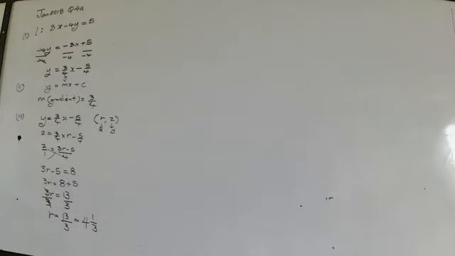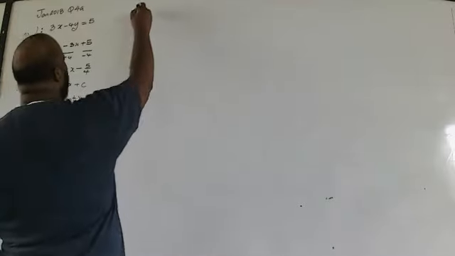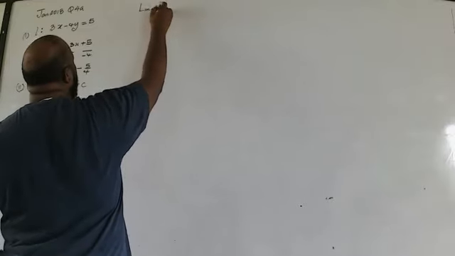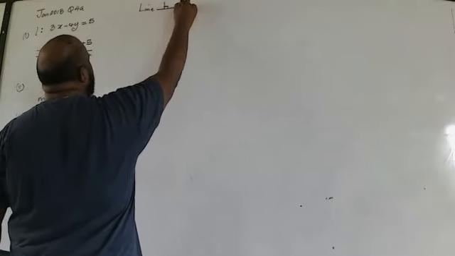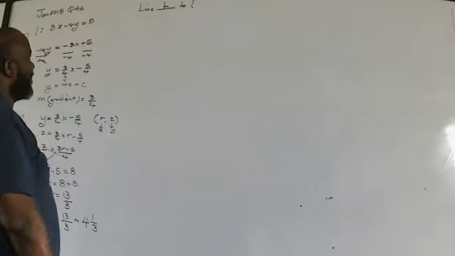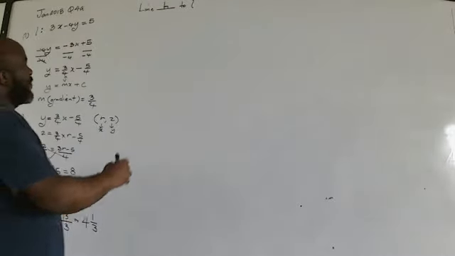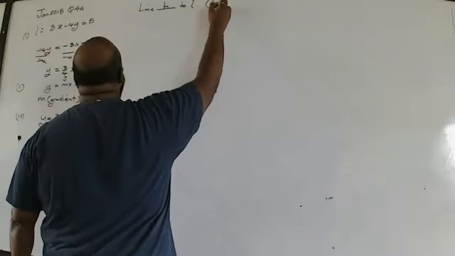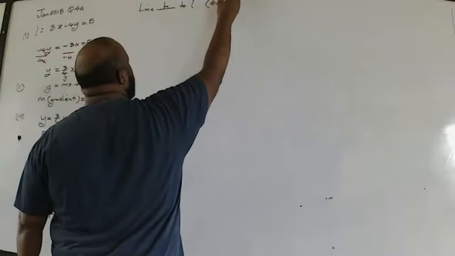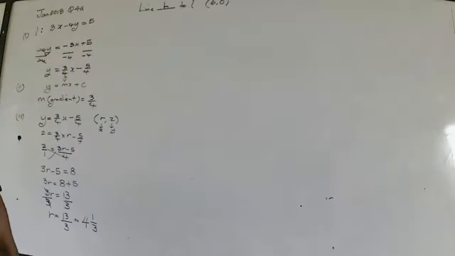Next, we're asked now to find the equation of the straight line passing through 6, 0, which is perpendicular to L. So now we need the equation of a line. The word perpendicular means at right angles to, and it's passing through the point 6, 0. Now, what is the gradient of L? 3/4.